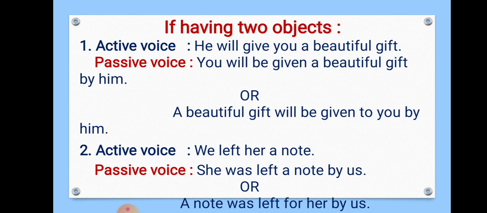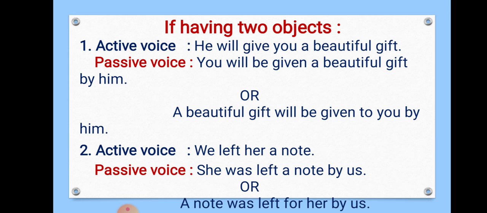He will give what? A beautiful gift. Whom? You. So, you is here the indirect object, and a beautiful gift is the direct object. So, passive voice: you will be given a beautiful gift by him, or a beautiful gift will be given to you by him. Means you can use both objects here in the passive voice.